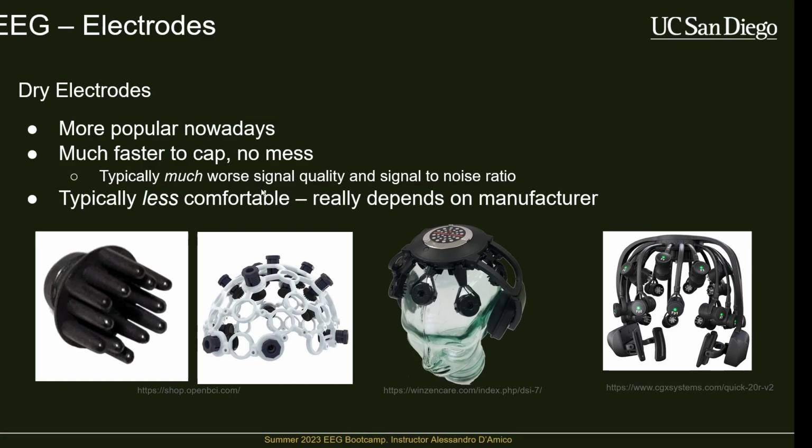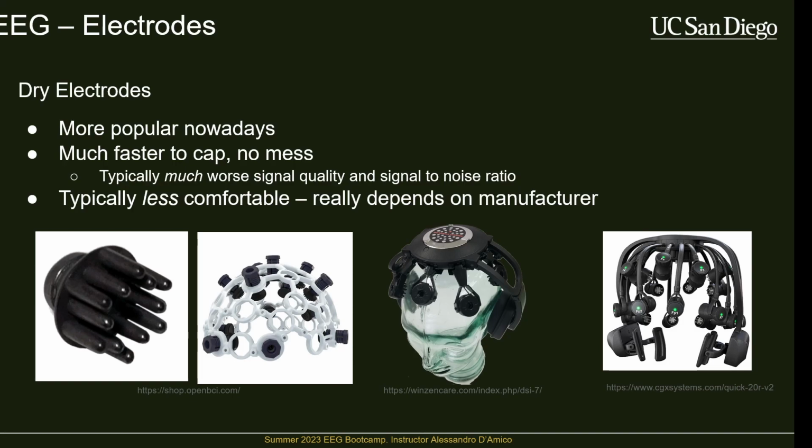They tend to be much less comfortable than wet EEG, although some of them are a little better. Simon can probably attest to the DSI 7's comfort, which is actually pretty good. As opposed to more common headsets, these have 2 layers of electrodes, an inner one and an outer one, and that outer one has 2 purposes.